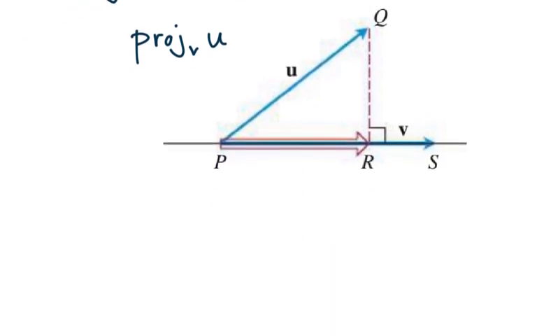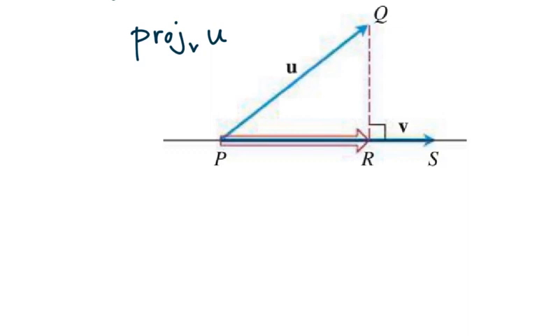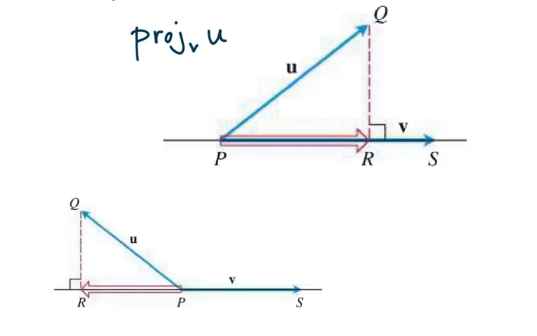And we can visualize this in a second way. If we look at this diagram that I've just brought in here, we still have U projected onto V. So U, PQ, is projected onto V, PS. But you'll notice that U is in the opposite direction. We still drop that perpendicular down and we create PR.